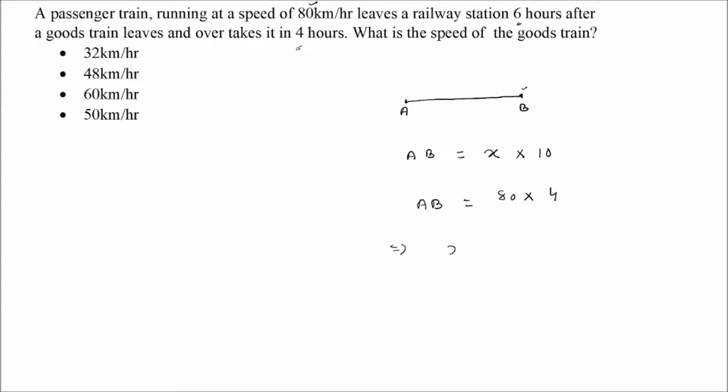This implies x into 10 is equal to 80 into 4. So x is equal to 80 into 4 upon 10, the 0 will get cancelled. So x is equal to 32 kilometer per hour. That means the speed of the goods train is 32.